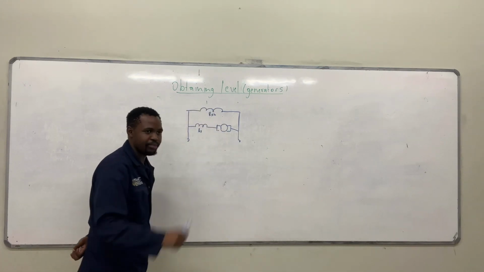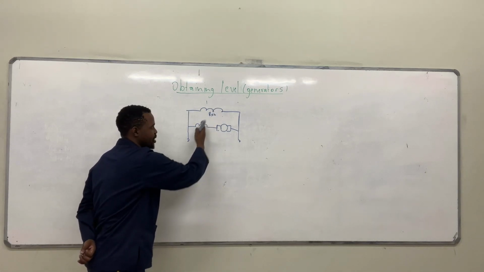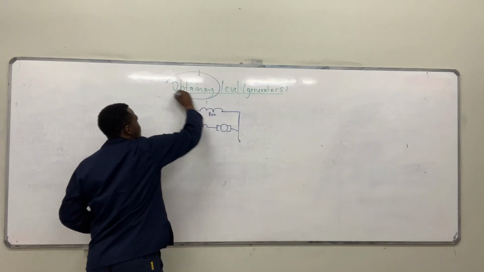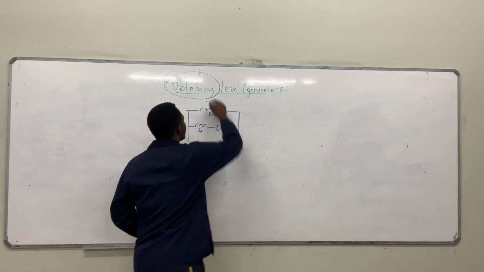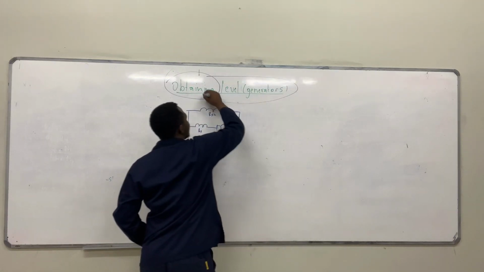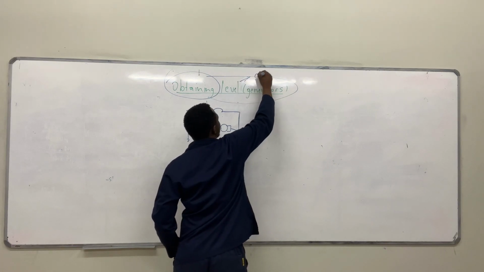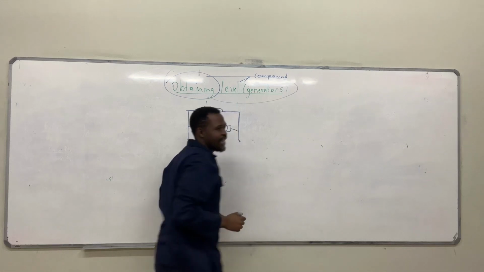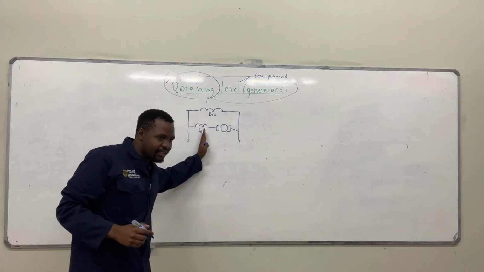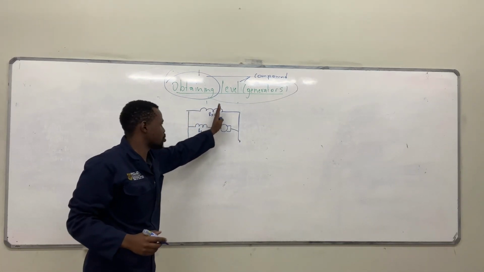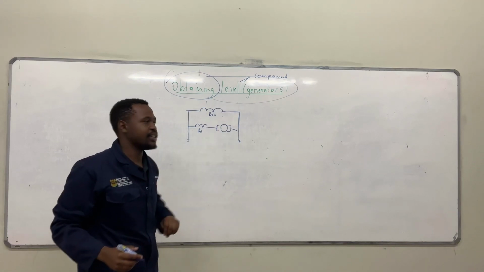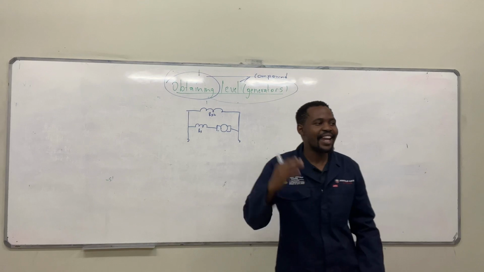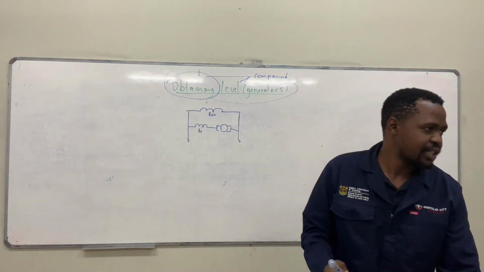The third possibility is that they can be the same. That is what we call level compounding, when the series field strength is equal to the shunt field strength.